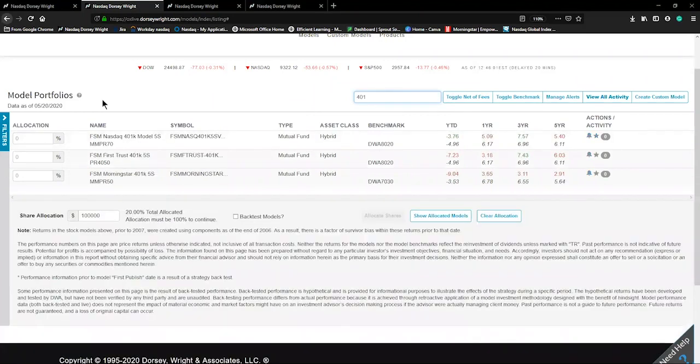As we've been discussing here, we've gone over most of the different kinds of models that we have here using that fund score methodology, all centered around different kinds of use cases, right? Whether it's use cases there with the variable annuity space, sleeves you're looking to fill within the core solutions, or potentially fixed income models. But another use case that we have is looking at 401k lineups, right?